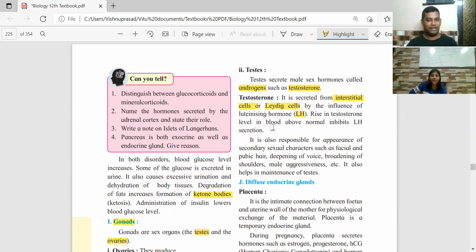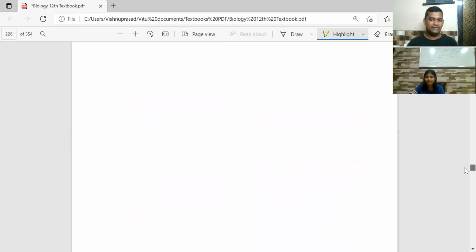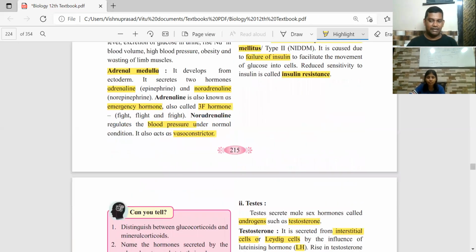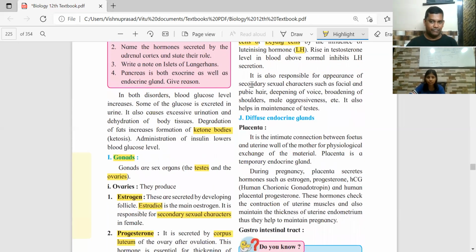The appearance of secondary sexual characters in the males is because of testosterone: pubic hair, deepening of the voice, broad shoulders, male aggressiveness. All this is because of the maintenance of the testes. So the hormones from the gonads, clear?